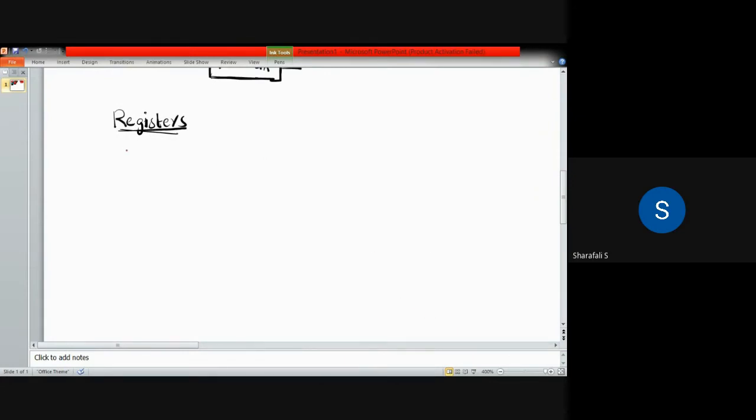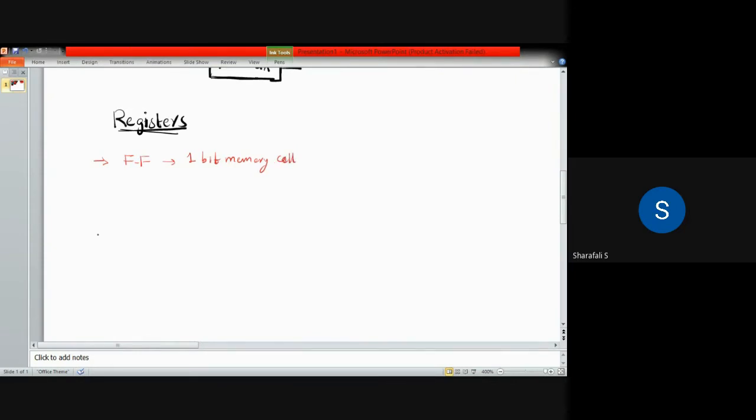But I'm not going to write all those things because it will take much time. If you consider a flip-flop, which we use to store 1-bit data, it is a 1-bit memory cell or memory device.